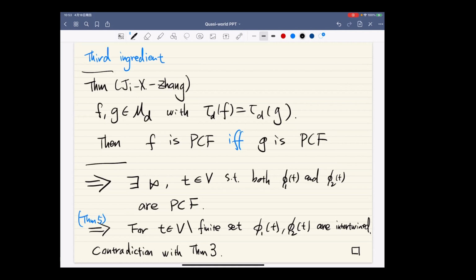So basically, you get a Q vector space spanned by the multipliers, and F is PCF if and only if this space is finite dimensional. I see. Okay, yeah, thanks a lot.